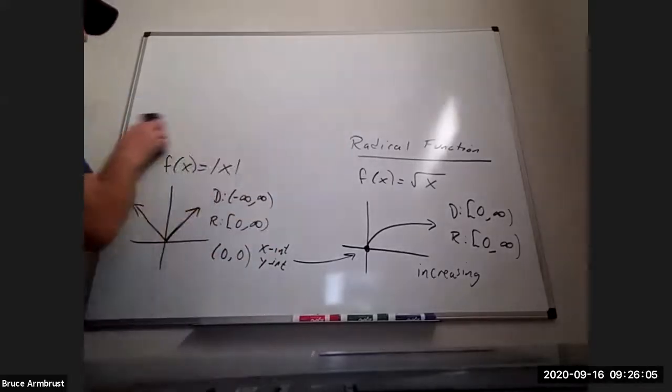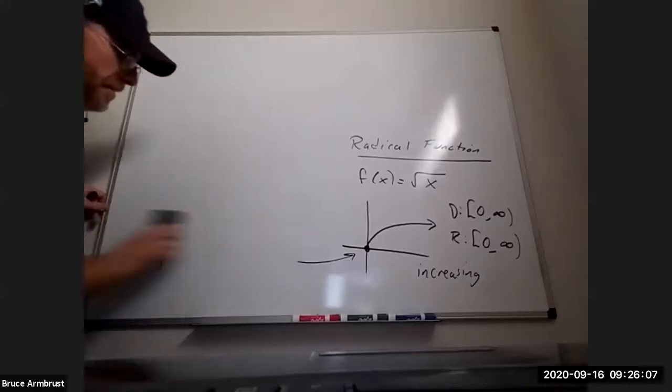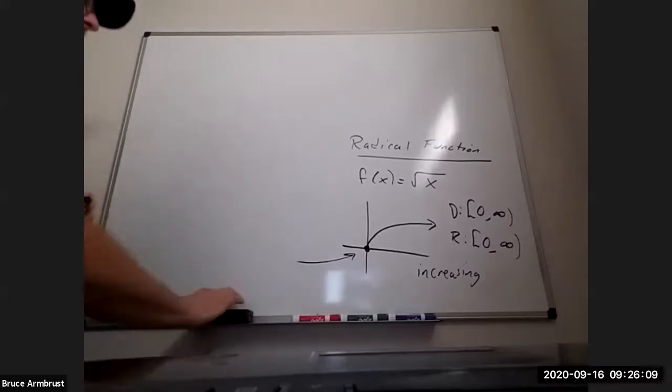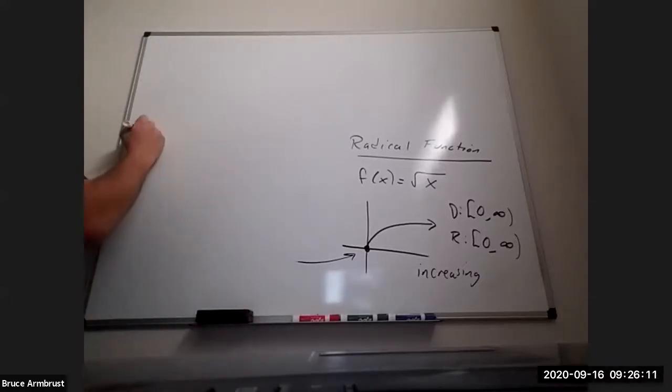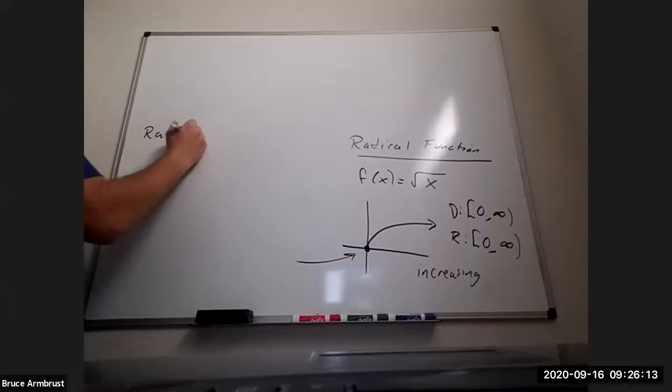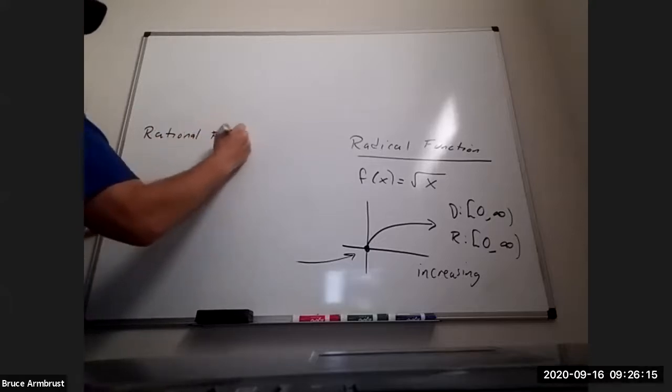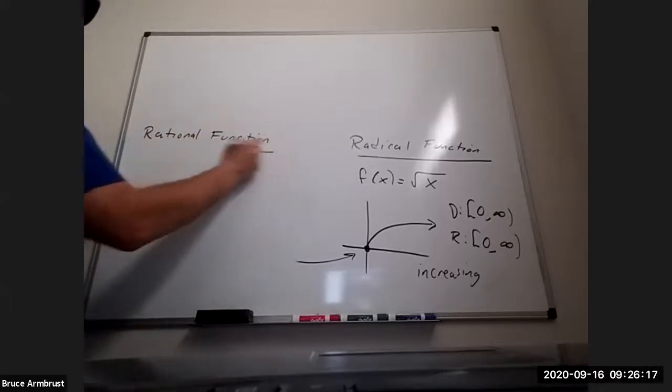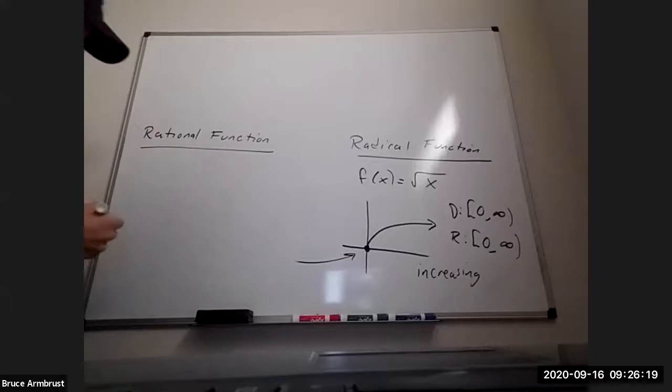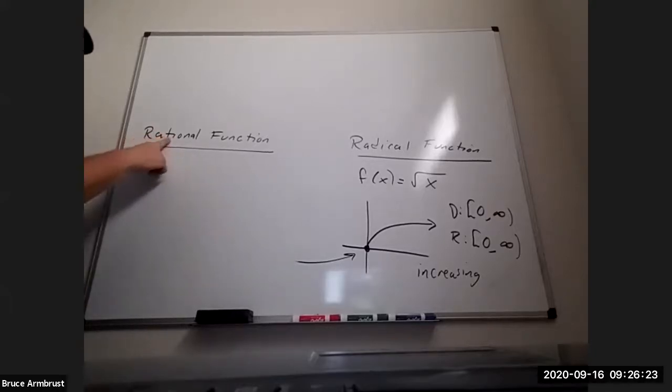Next one I want to show you is an example of a rational function. If you haven't picked this up in your math experience so far, rational just means fraction. Anytime you see the word rational, it means fraction.